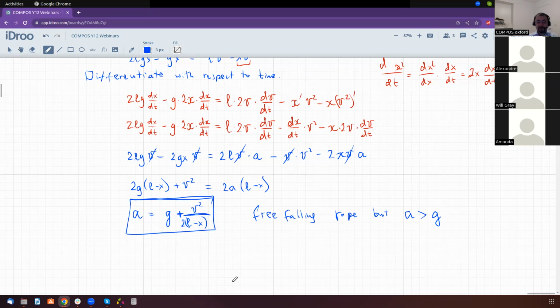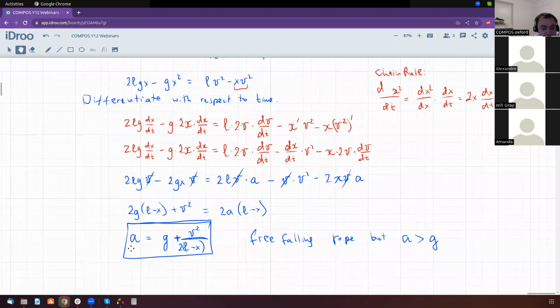It's understandable because you're being pulled down by the rope, and then the energy of the rope goes into your kinetic energy because the rope stops moving after it's unfolded, but the person continues to accelerate. But still, it's quite cool. And all you need here is to find.